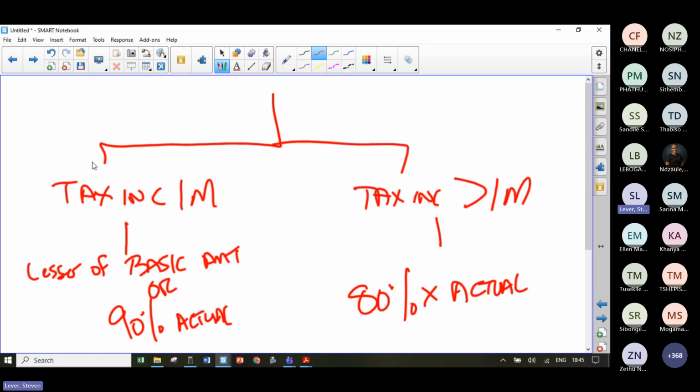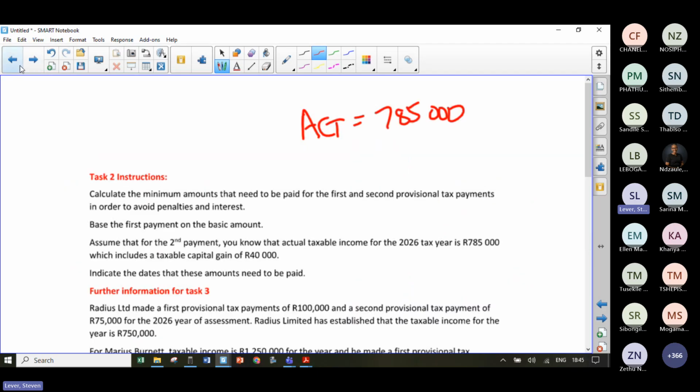Okay, so guys, for your second payment, if your taxable income is less than $1 million, you can use the lesser of basic amount or 90% of actual. If it's taxable income of greater than 1 million, you got to pay at least 80% of actual. So let's just go back to the question. And what does it say? It says your actual 785, which includes capital gains of 40.